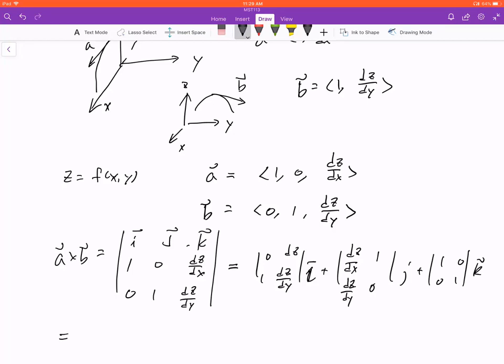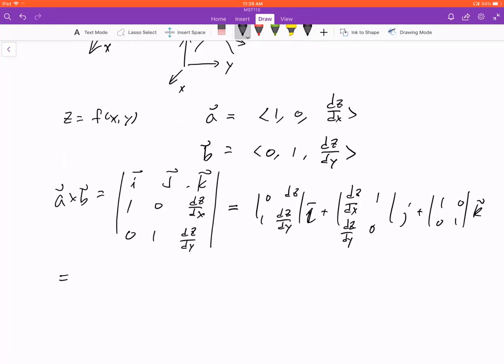So now we calculate this one. So here's dz/dx. Let me add it over here. So we have negative dz/dx in the i direction, and then here we have negative dz/dy in the j direction, and then the last one actually is positive 1, and it's going to be k. So what we have over here is (negative dz/dx, negative dz/dy, positive 1).